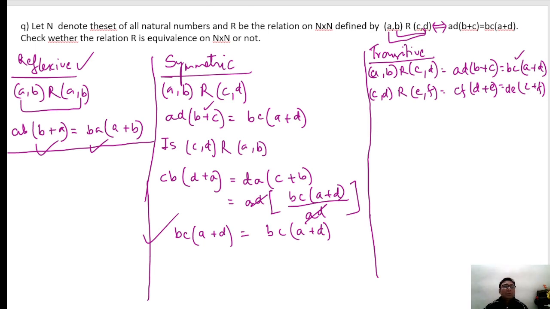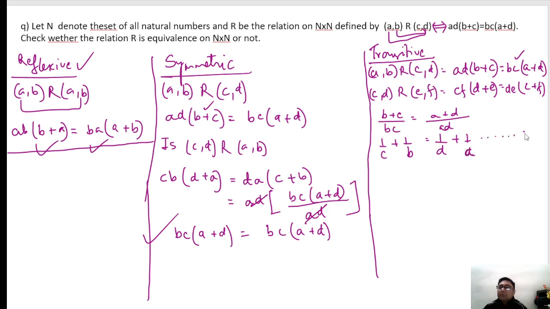So what we can do here, that is, see the first part, how can we write? B plus C by BC, A plus D by AD. So this will become 1 by C plus 1 by B equal to 1 by D plus 1 by A. Okay.